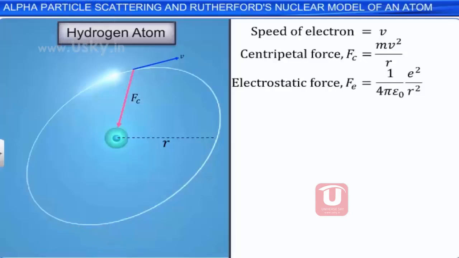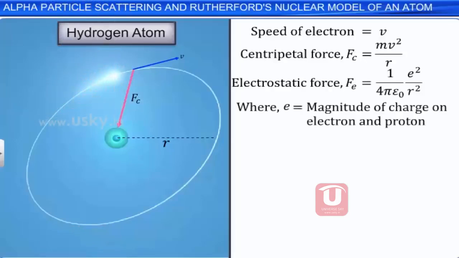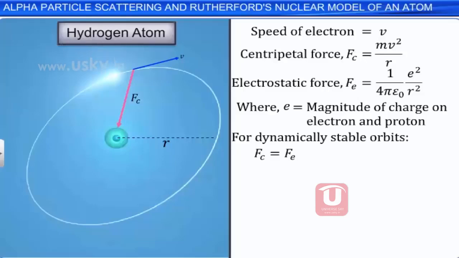This is true because the proton and the electron have equal magnitude of charge e on them. But for dynamically stable orbits, Fc is equal to the electrostatic force Fe. Hence, mv squared by r is equal to 1 by 4 pi epsilon naught into e squared by r squared. Let this be equation 1.